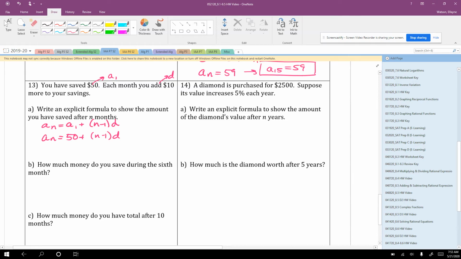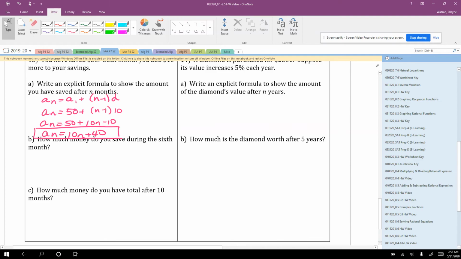The answer that I gave just simplifies this. So when you simplify it, you multiply, distribute out, and simplify, you should get 10n plus 40. Okay, and that's the answer that's on the key.